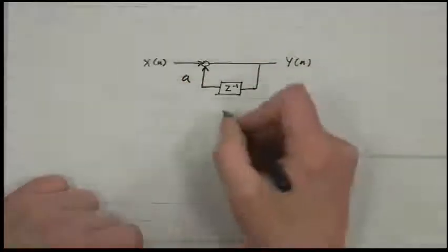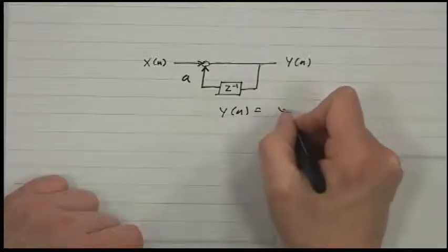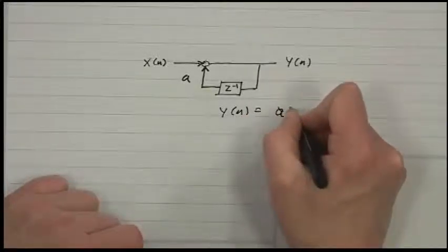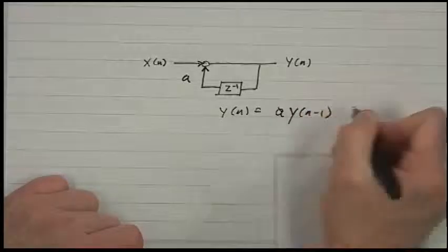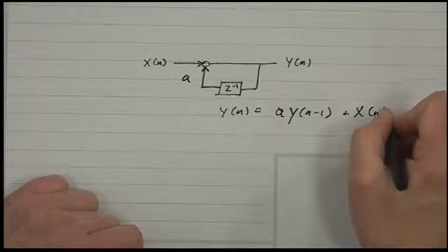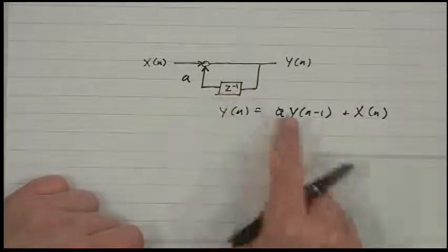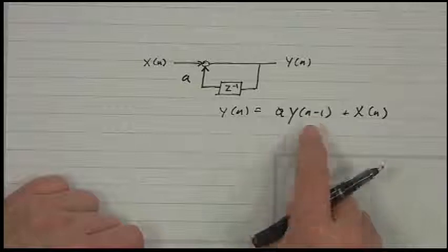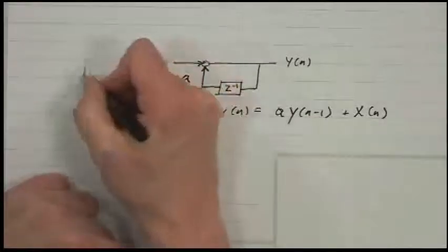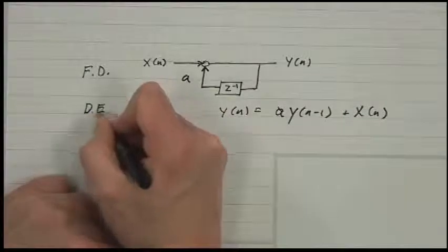So here you have that y of n equals a times y of n minus 1 plus x of n, okay? That's the flow diagram. This is the flow diagram corresponding to that difference equation, okay? So this is flow diagram. This is difference equation, okay?